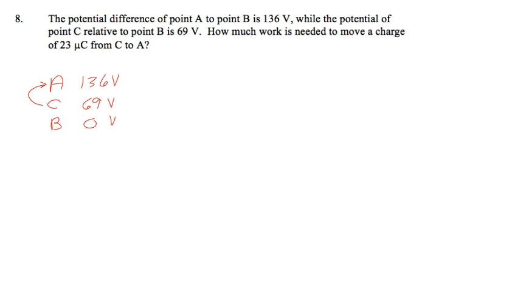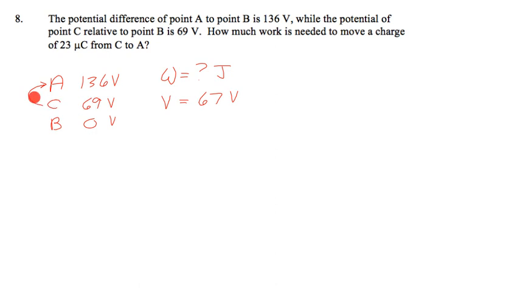So I'm going to list my facts, and W is the unknown again. And the V, what would the V be in this problem if I want the V to go from C to A? 67. All right, 67 volts, because if I subtract 69 from 136, I get 67.